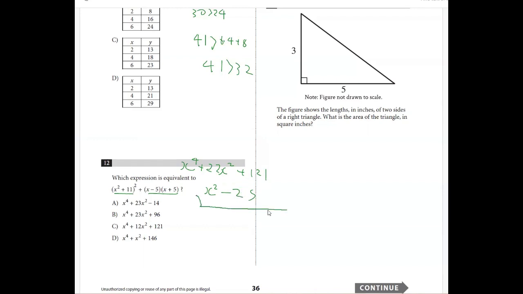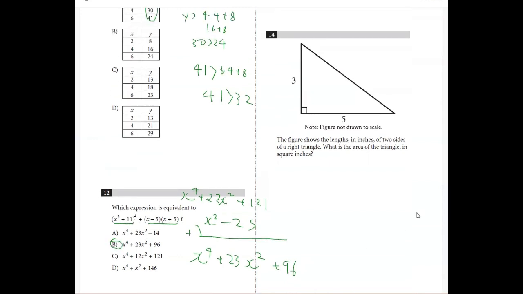And if we want to add these up, x to the power 4 plus 23x squared and plus 96. So the correct answer here is B. Okay.